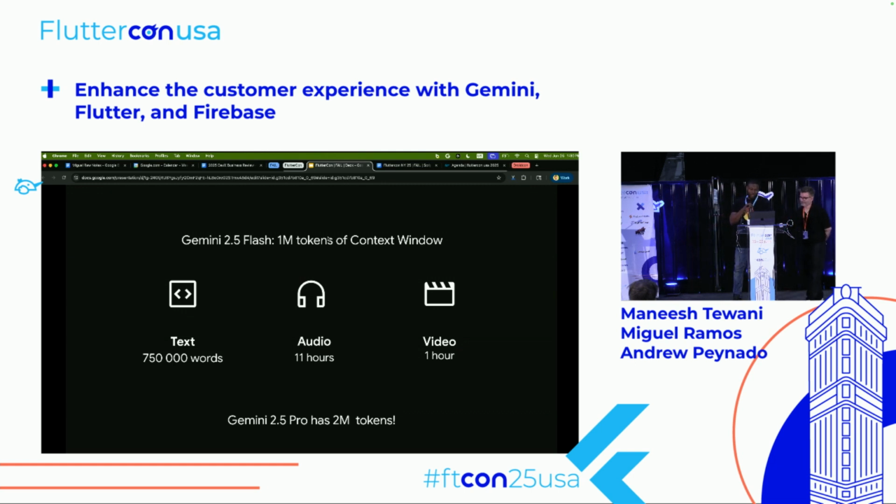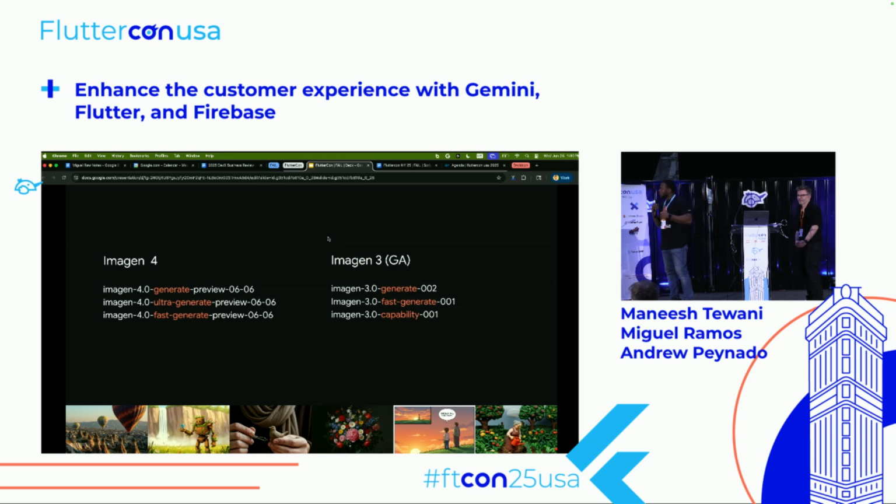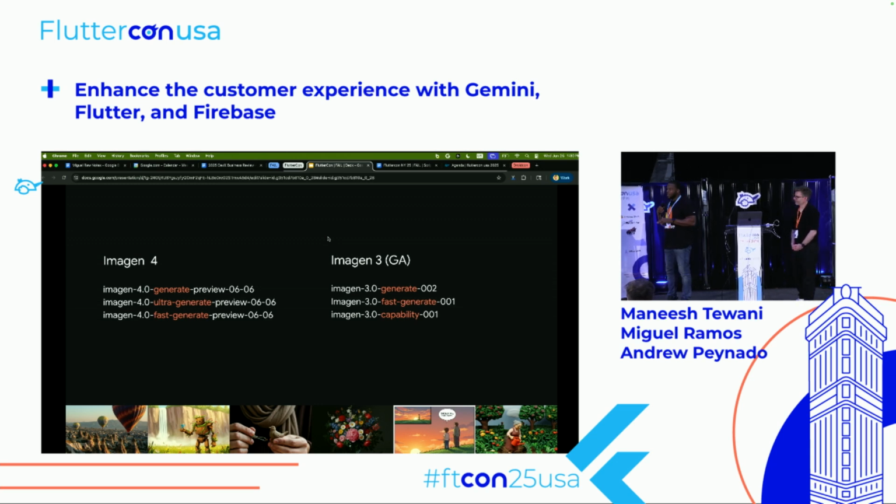Okay, so let's jump ahead a little bit. At Google, we also have these Imagen models, which are for image generation. We have two styles of it. We have Imagen 3, which is in GA right now, that you can use in your production applications. And then we also have Imagen 4, a newer model that's in preview. Both of these models have different flavors of models within them that you can use to help balance the trade-off between speed, accuracy, and fidelity.